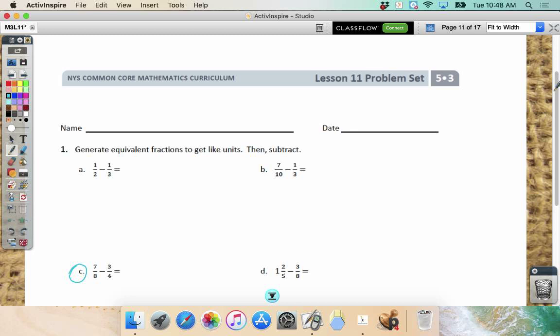All right? So option 1 for A, just go ahead and solve that problem. What's the common denominator for 2 and 3? Okay, go ahead and solve it, top down, bottom up.